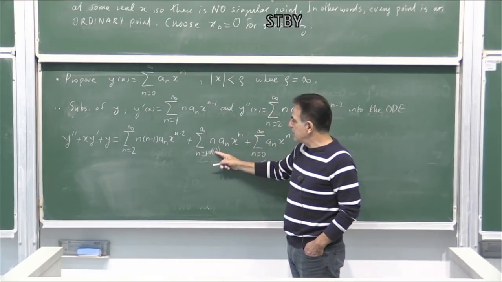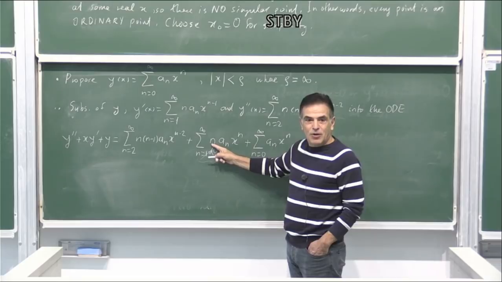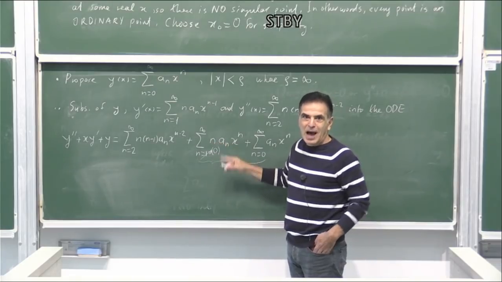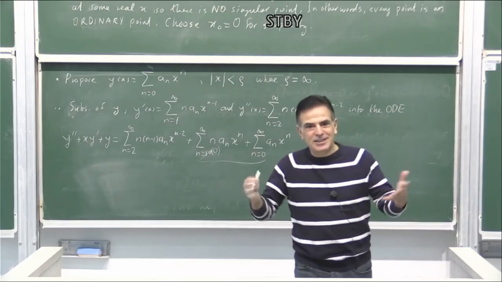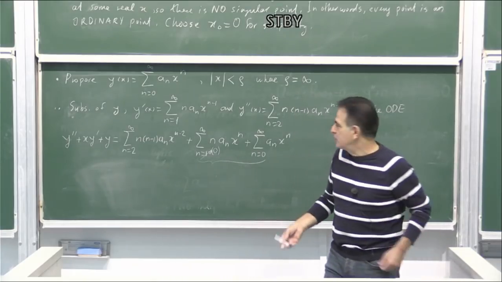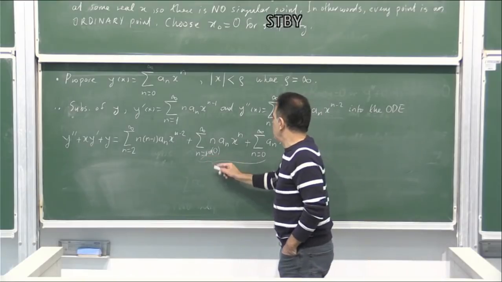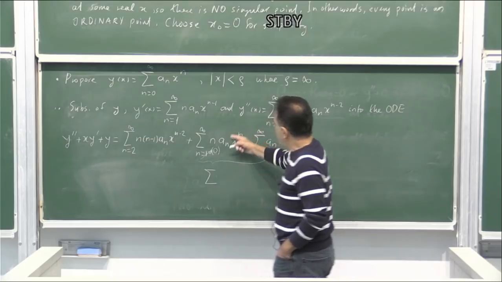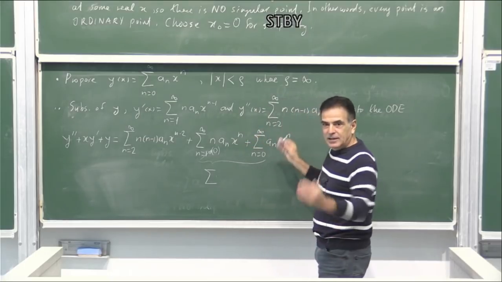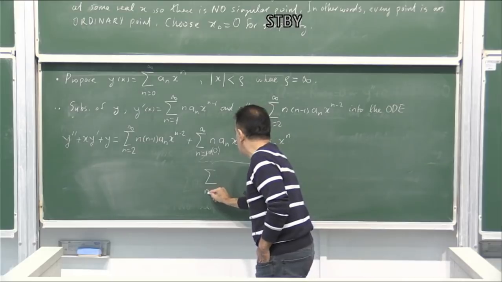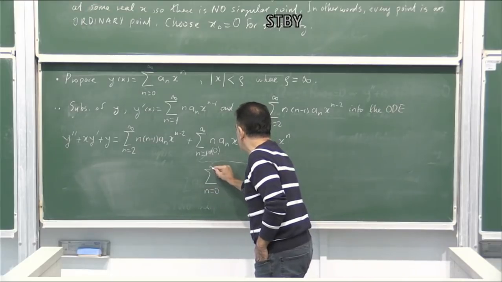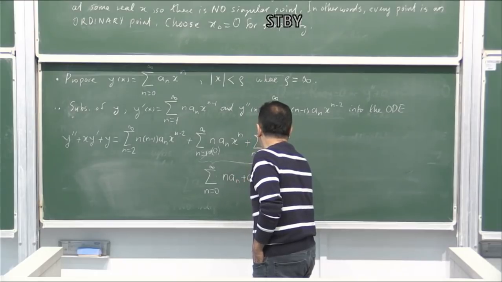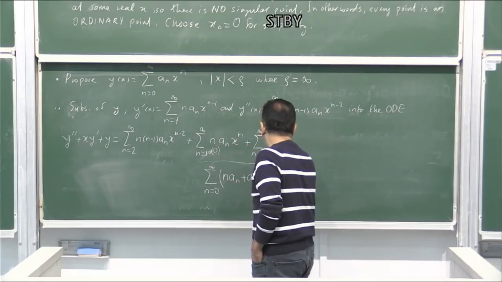Because when you start at 0, you add 0, which doesn't change the value of the sum. So the two series here are all related to x to the power n, so they may be collected under one series, n plus 1 times a n proportional to x to the n.